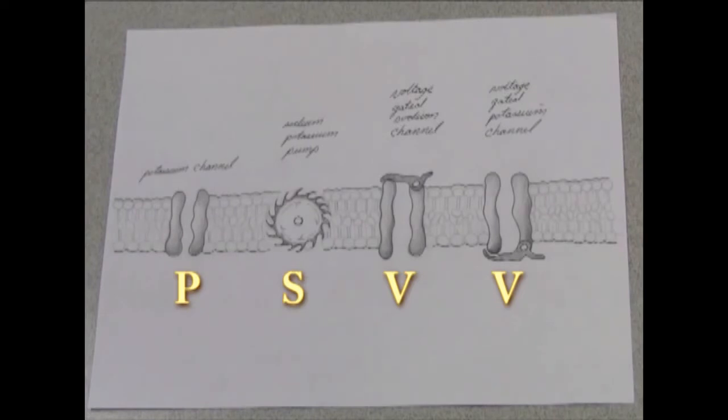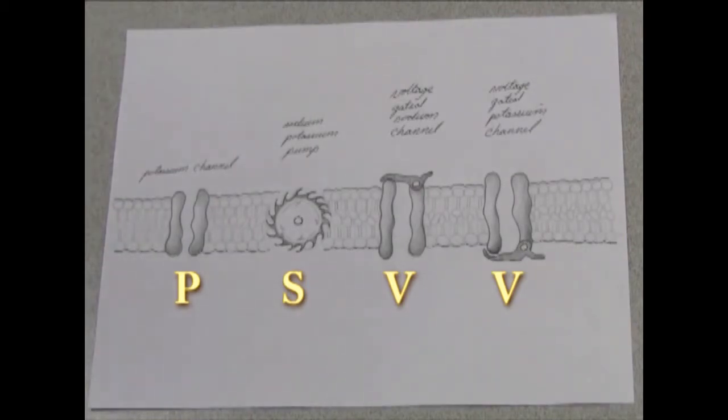Potassium can travel both in or out of the neuron through the potassium channels. The sodium-potassium pump, on the other hand, pushes sodium out of the intracellular space while simultaneously pulling potassium into the intracellular space.